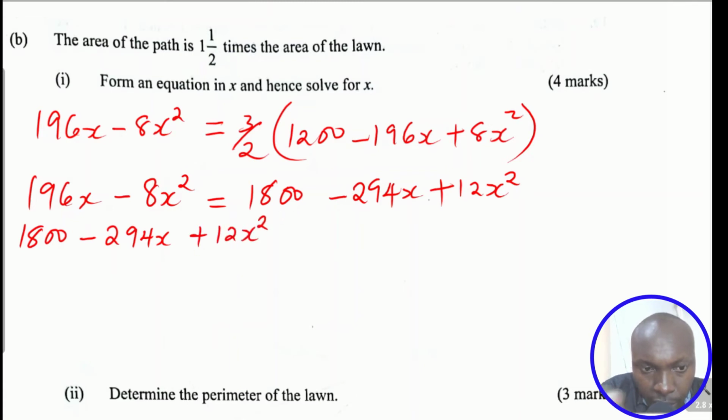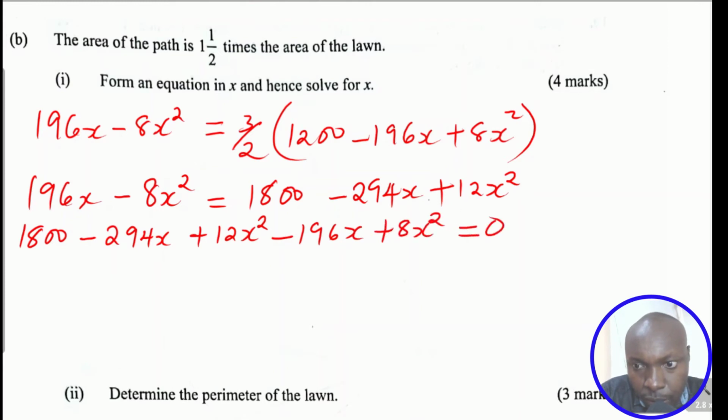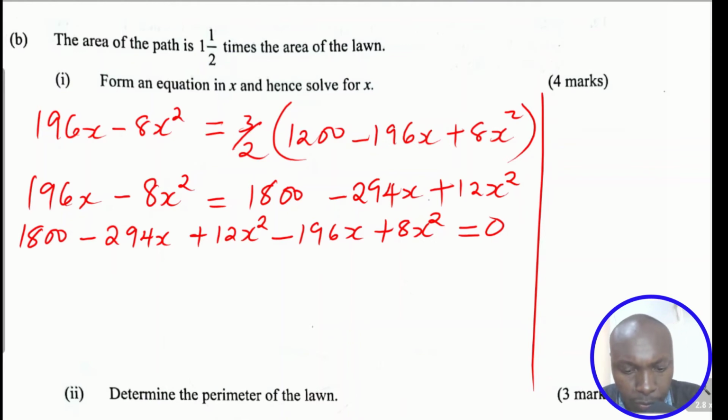So when I take everything from the left hand side to the right hand side, this is what I get: negative 196x plus 8x squared. This one will give 0. As simple as that. Now after doing that, we can simplify this one further. So when you simplify this equation further, this is what you're going to end up with.